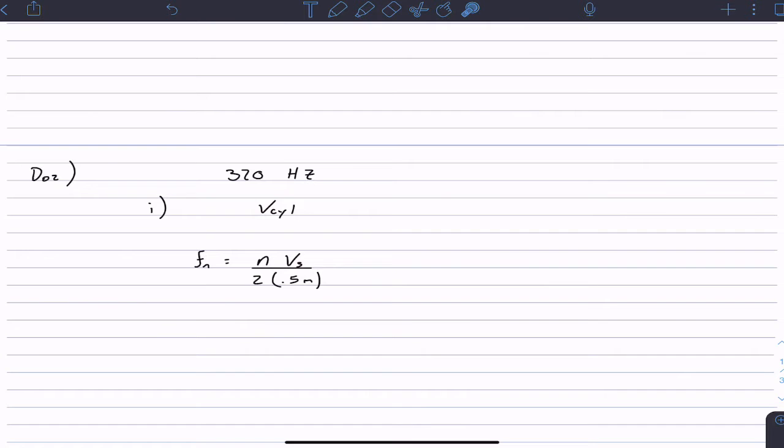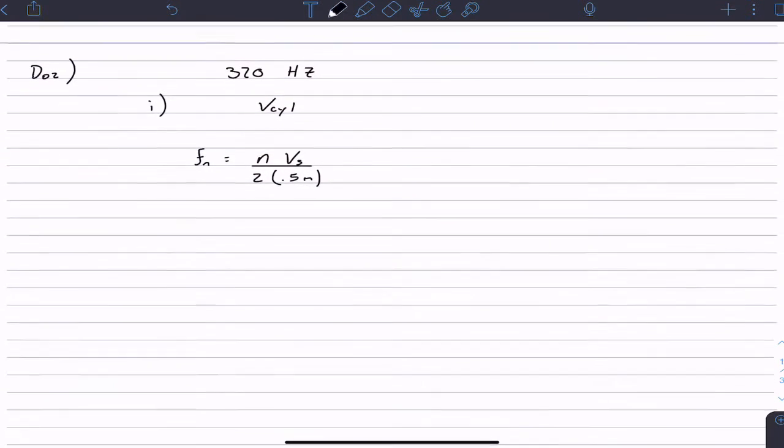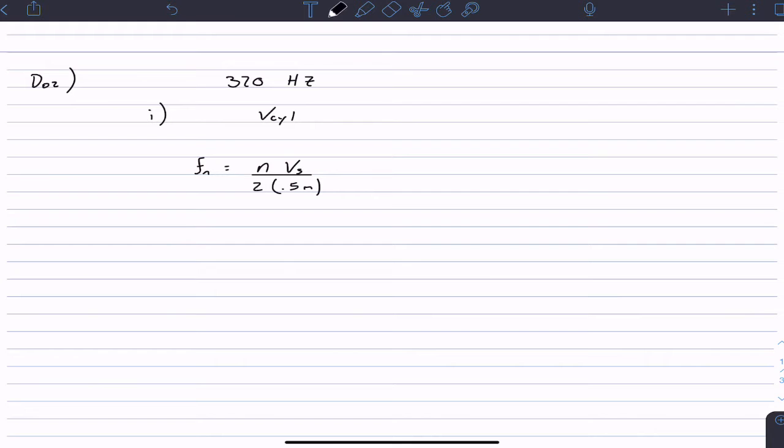We did a frequency sweep from nothing up to 320, and this is where it first resonated. So now we're using n equals 1, right? So 2 times 1/2 is 1 meter. 1 meter times 320 hertz is equal to the speed of sound in the cylinder, and that's 320 meters per second.